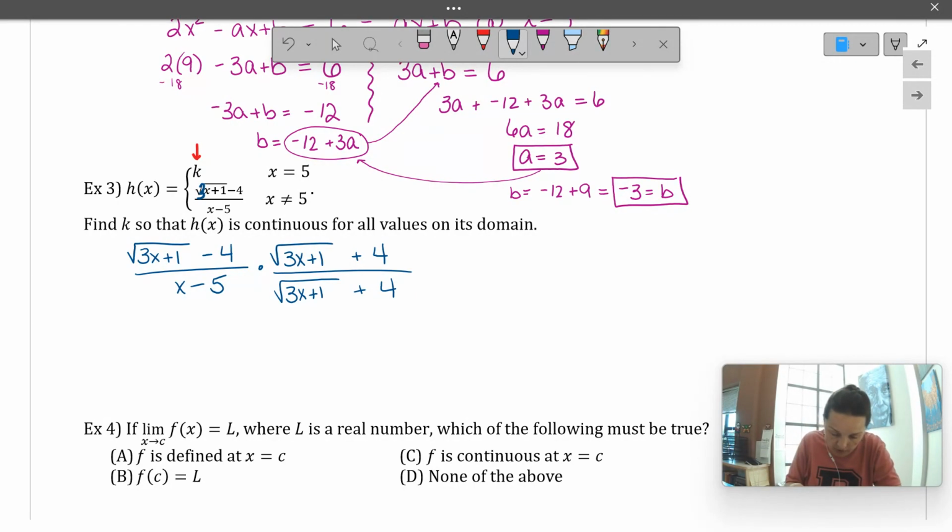All right, so I'm going to multiply that. And if I distribute on the top, I get 3x plus 1 minus 16. And in the bottom, I get x minus 5 times the square root of 3x plus 1, plus 4.